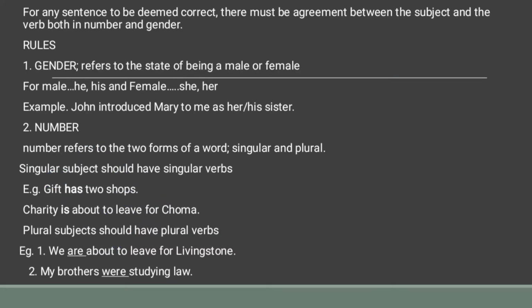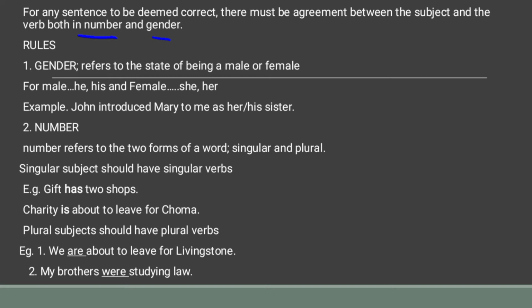For any sentence to be deemed correct, there must be agreement between the subject and the verb in both number and gender. Here are the rules that you need to follow. Number 1 is gender.